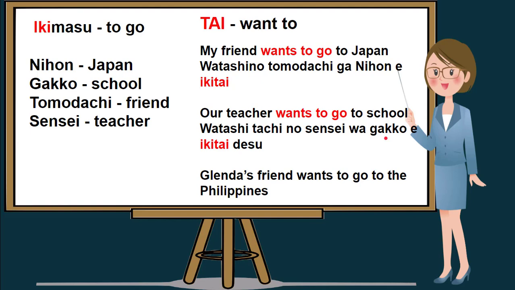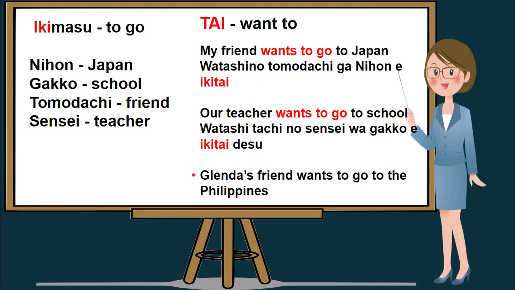And of course, we also use a particle e, which indicates a place, gakko. If we translate our teacher wants to go to school, it will be Watashi tachi no sensei wa gakko e ikitai desu. Let's repeat. Watashi tachi no sensei wa gakko e ikitai desu. Which means our teacher wants to go to school.